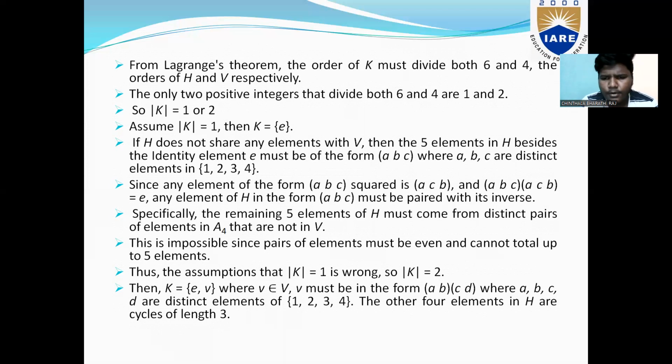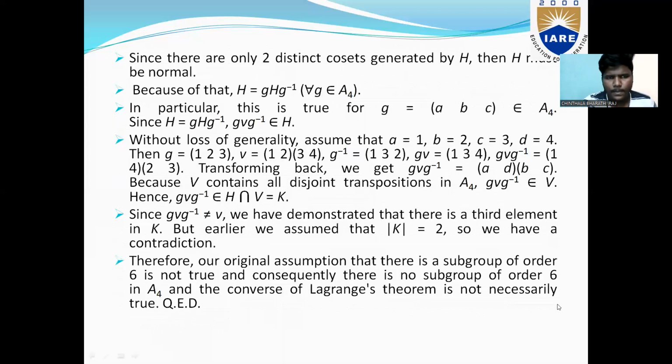The elements of H of order 3 are cyclic of length 3. Since there are only 2 distinct cosets generated by H, H is normal. Because of that, H equals gHg inverse for all g belonging to A4.